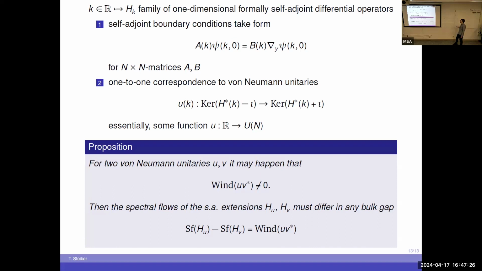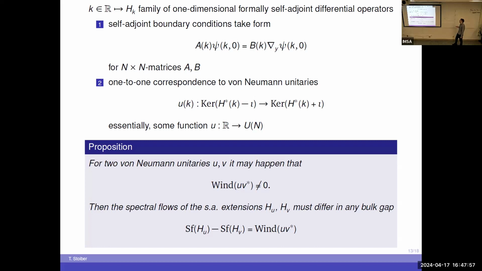Those are unitary operators which map between the so-called deficiency subspaces of the operator. For a symmetric operator, the adjoint is not the same as the operator itself. It can have a different spectrum and a different domain. Therefore it can have an eigenspace for eigenvalues plus and minus i. And what we need to do to make this self-adjoint is to correct for this by adding some unitary operator.